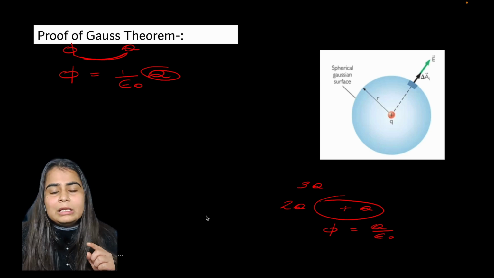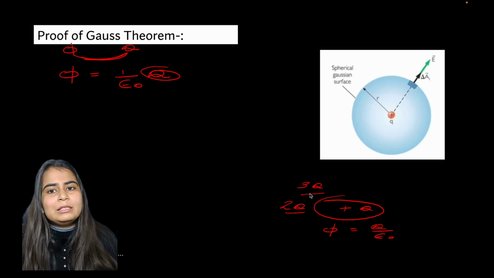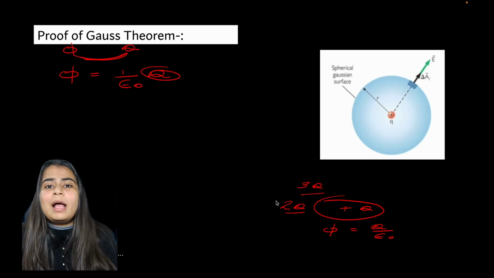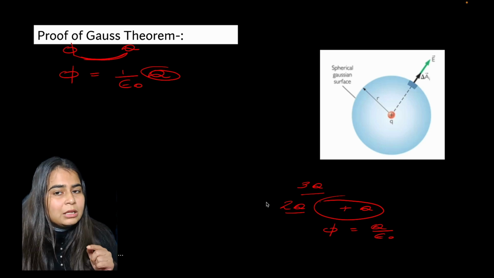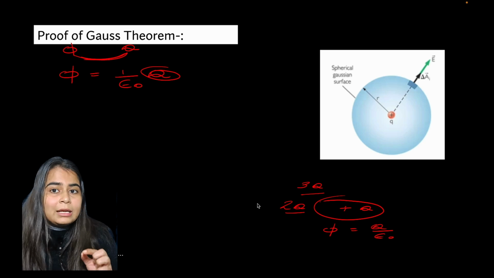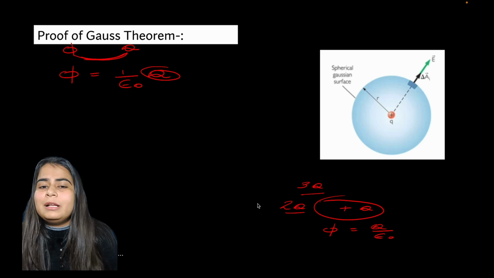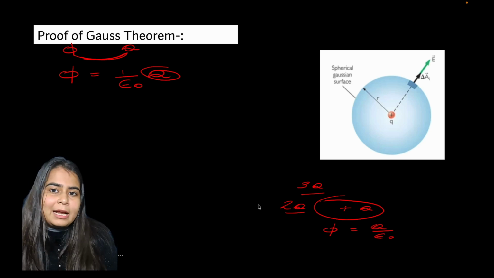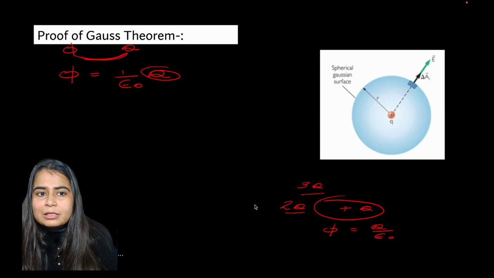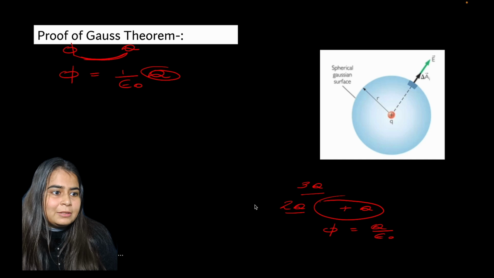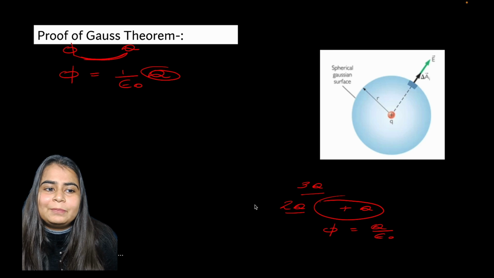These two charges do not lie inside the Gaussian surface, and that's why we will not consider them. It means the Gauss theorem tells that the electric flux will simply be related to the charge kept inside that Gaussian surface. By using this theorem, we can find the flux through the Gaussian surface due to a charge q which is kept inside it.